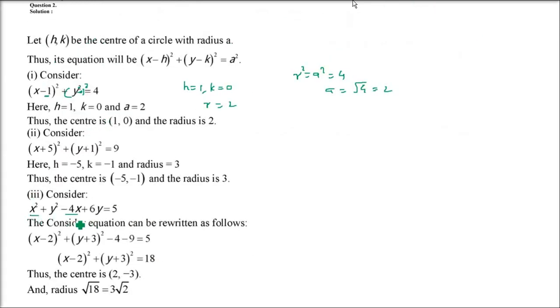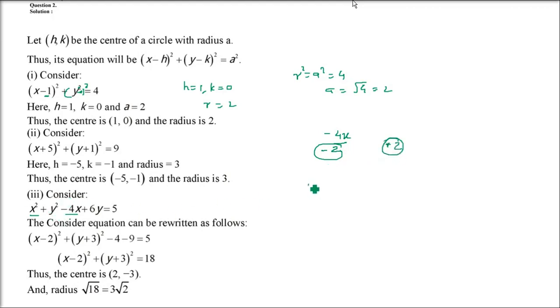So x square and minus 4x: take the coefficient of x, that is 4, divide by 2 and square it. That is 2, minus 2 or 2, square it. So once you square it, this square has to be added and subtracted to make this a perfect square. I hope you got the idea.